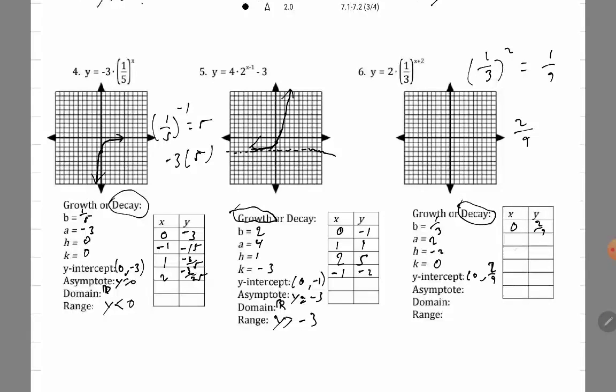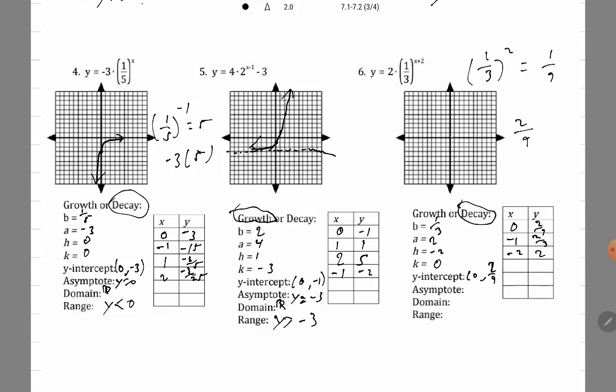If I plug in negative 1, I'll get 2/3. If I plug in negative 2, I'll get 2. Because if I plug in negative 2, that'll be 1/3 to the 0th power, which is 1. 1 times 2 is 2. And you know what? That's all I'm going to put there.